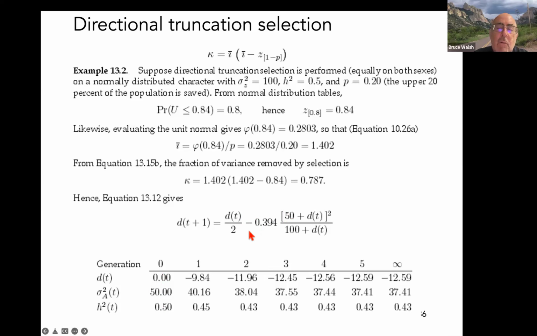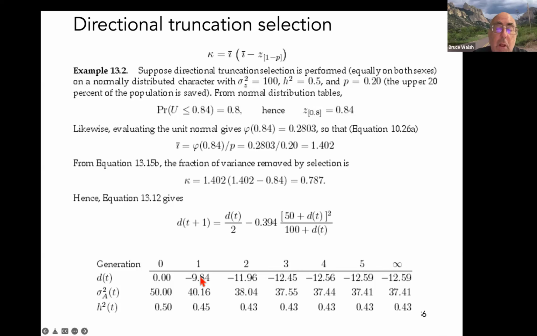Now, next generation, you generate a d of minus 0.9. That changes your added variance from this plus d, which gives you a variance of 40. Your heritability goes from 50 over 100 to 50 minus 0.9 divided by 100 minus 0.9. So it now goes down to 45.